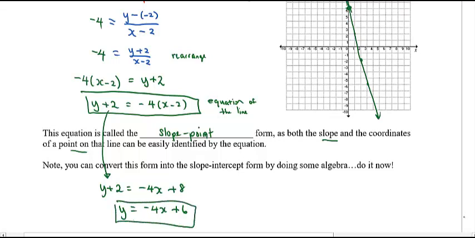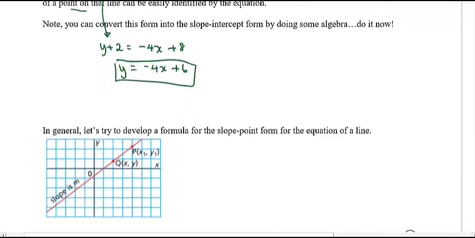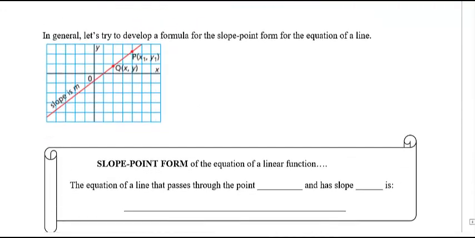Same thing. So let's try to now develop a general formula for the slope point form of the equation of a line. Once again, I've got 2 points here, and I'm going to call one x1, y1, the other one x and y. And remember, the idea is the slope is equal to m, so slope equals y sub 2 minus y sub 1 all over x sub 2 minus x sub 1.